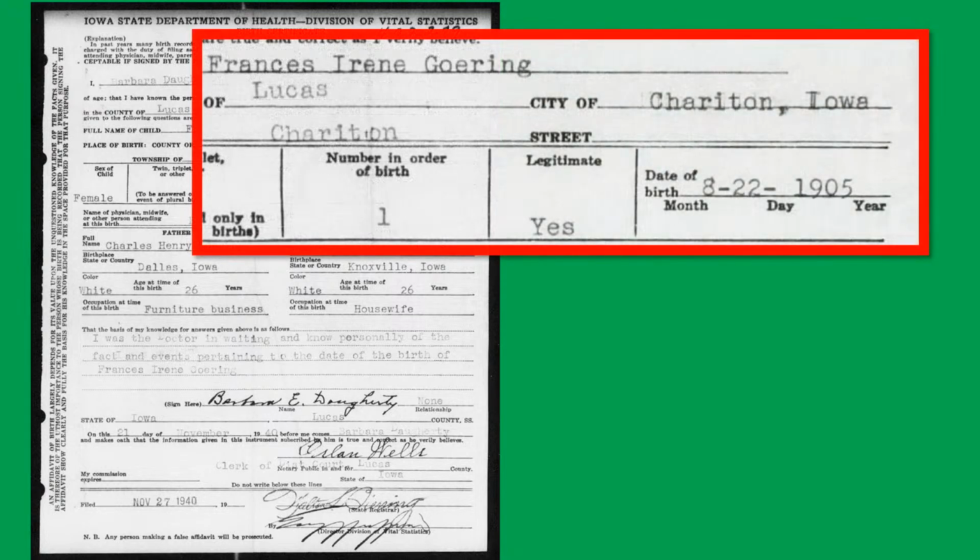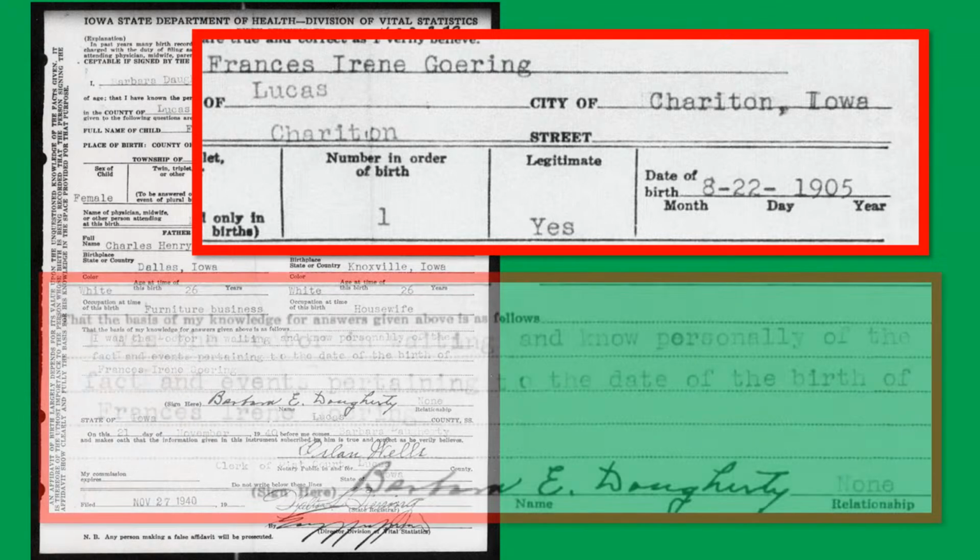This is a delayed birth certificate from the 1930s when people were needing to sign up for a Social Security number in order to keep working, because they were going to have to start paying into that newfangled thing called Social Security Fund.